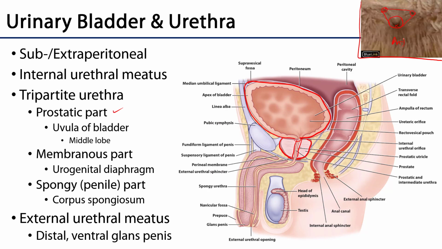So this would be kind of a supero-anterior view. And what I want to show you here is that the internal urethral meatus is kind of U-shaped.